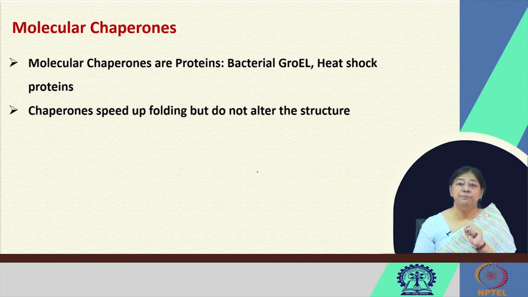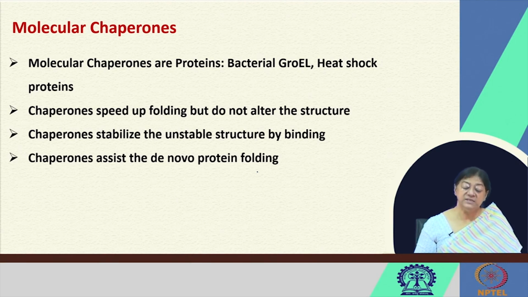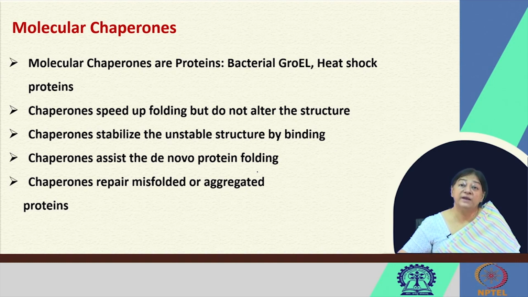So, chaperones help, or they speed up the folding, but they do not alter the structure of the protein. They stabilize the unstable structure by binding to it, and they assist in de novo protein folding. Molecular chaperones are extremely important in assisting folding, because they facilitate folding and they can also repair misfolded or aggregated proteins that actually are the cause of disease.